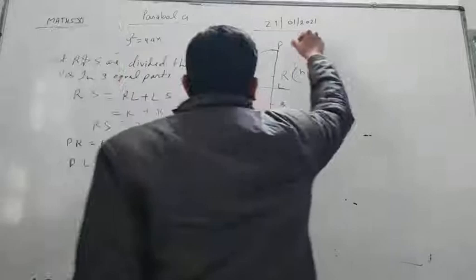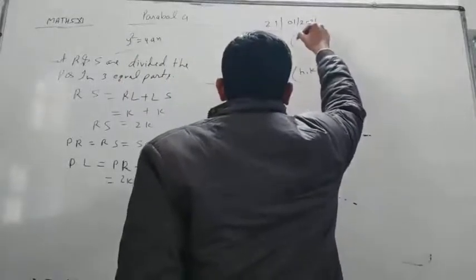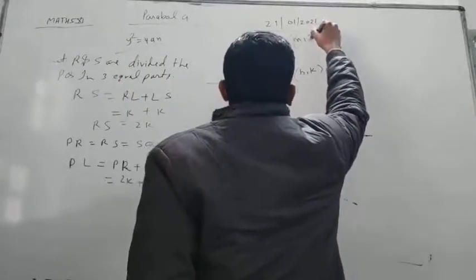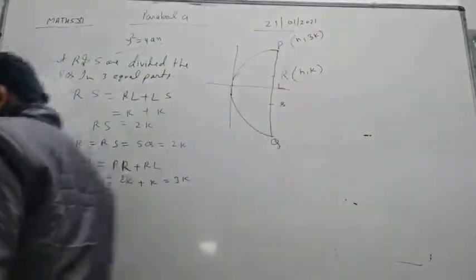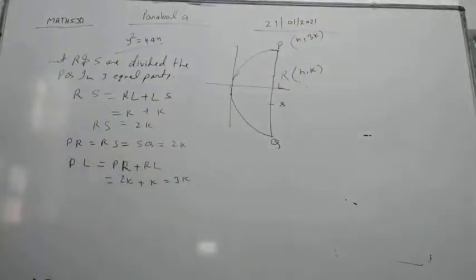So the coordinate of this P will be h, 3k.